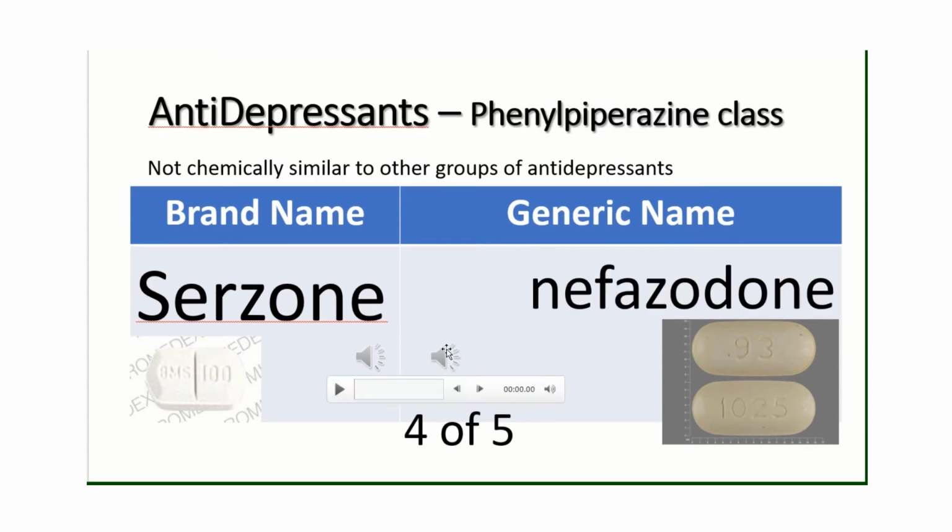The generic name for Serzone is nefazodone. Serzone and nefazodone are phenylpiperazine class antidepressants. Serzone and nefazodone are not chemically similar to the other groups of antidepressants.